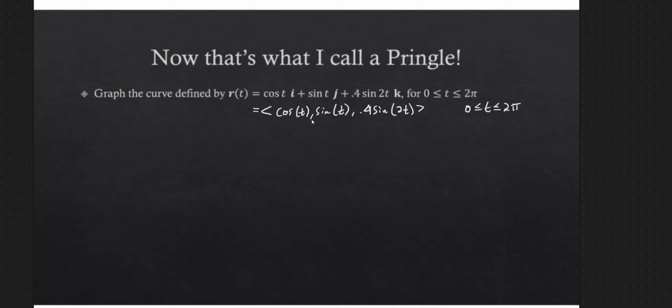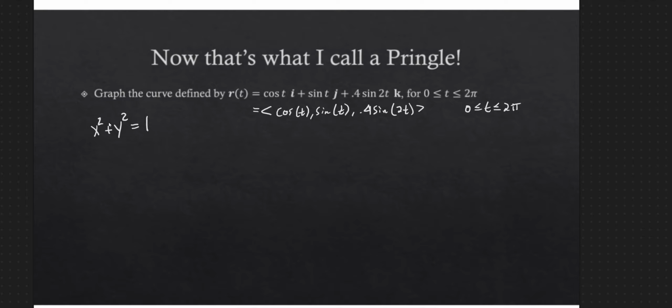So for instance, the x component and the y component, that's cosine t, sine t, that's very familiar to us. If we square the x component and square the y component and add them together, we get cosine squared plus sine squared, we get 1. And so if we're thinking of the shadow of this vector valued function onto the xy plane, we get a circle. But remember here, there's no z component. We don't care what the z coordinate is for this.